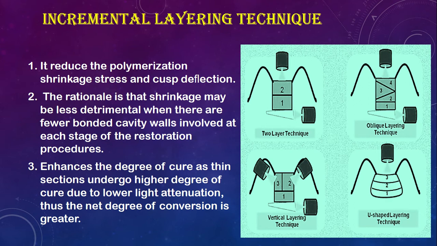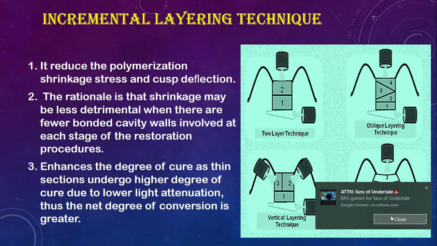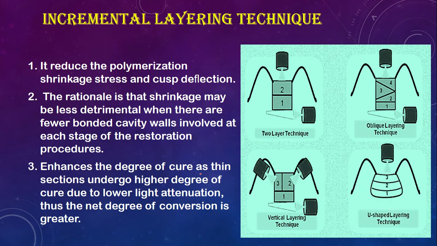So why do we do that? What's the advantage of placing composite in increments? First of all, the rationale behind this is that after each incremental layer, we have few bonded cavity walls involved at each stage of the restoration procedure.